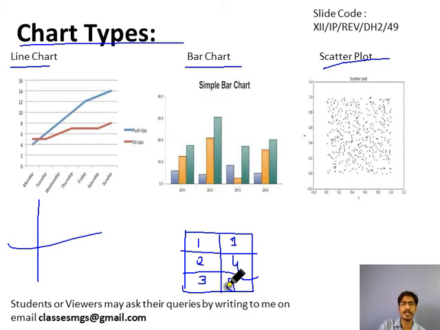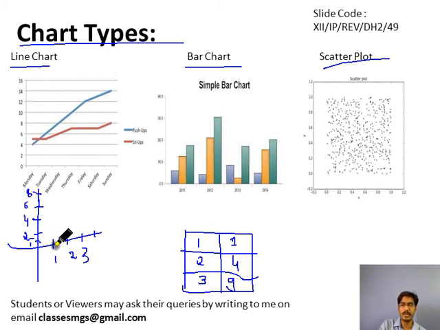If you want to draw the line chart, what we need to do is have the x-axis and y-axis, and then you can easily draw 1, 2, 3 on the x-axis, and on the y-axis we have, let's suppose, 2, 4, 6, 8, something like this.